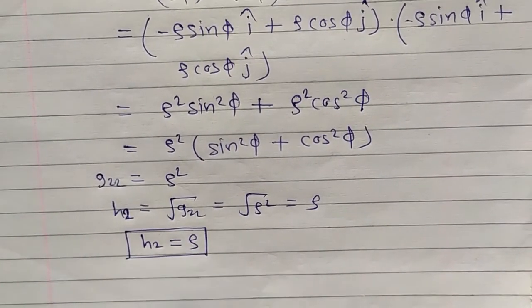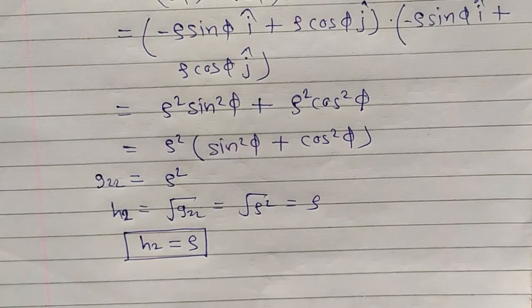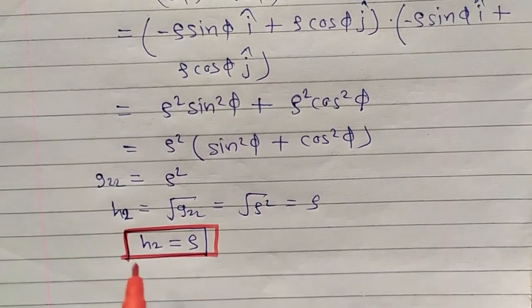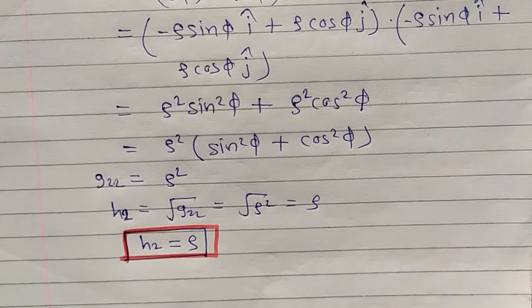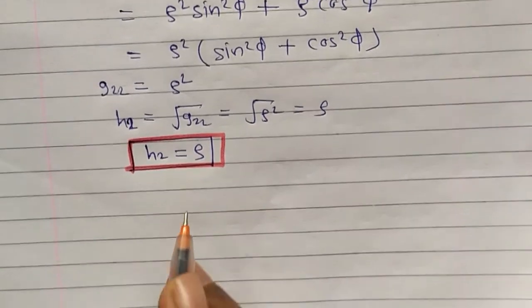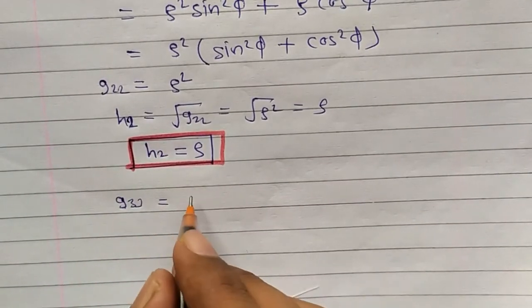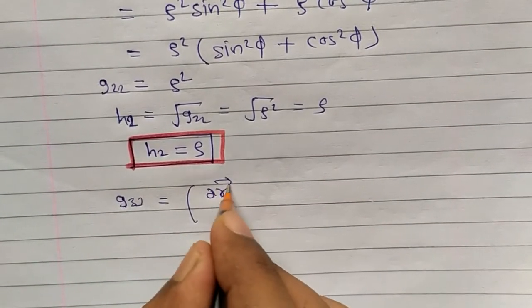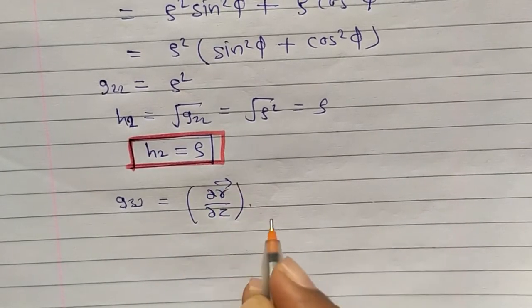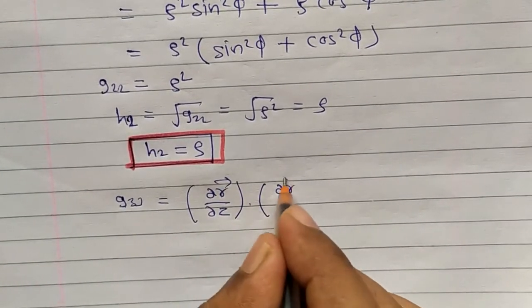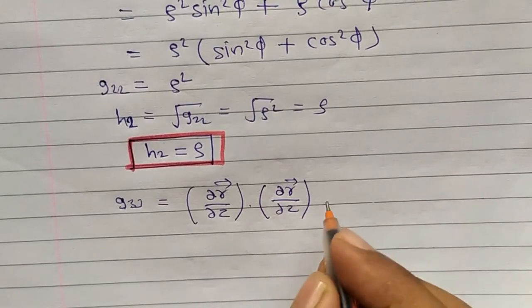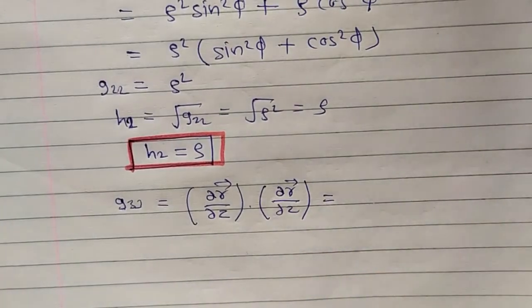So that we could highlight it, h2, I got the second scale factor, and the third one is h3, which comes from g33. This will be del r bar by del z, the third coordinate being z, into del r bar by del z. We have found the expression.